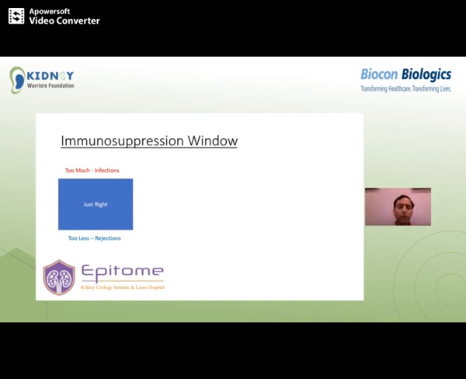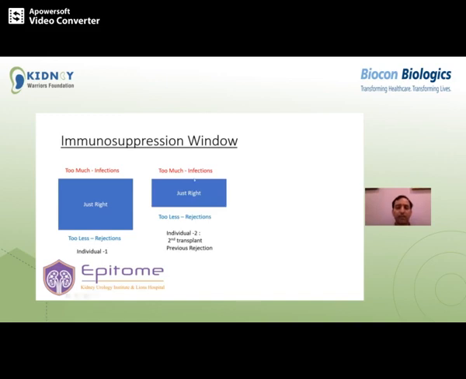And this window, or the amount in this window, is different for different individuals. So let's say this is for individual one. Another person, let's say someone has a second transplant or has had a rejection before, the window will be different for them. So for them, the window might look something like this.